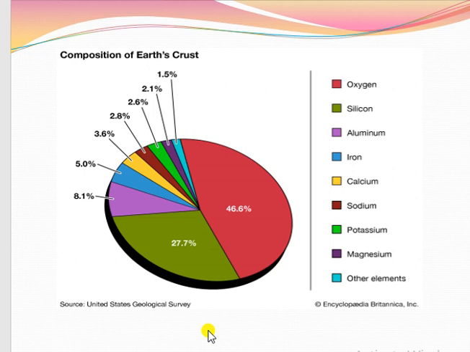Magnesium contributes 2.1%, and 1.5% are other elements or trace elements, which in all contribute to the composition of earth crust.